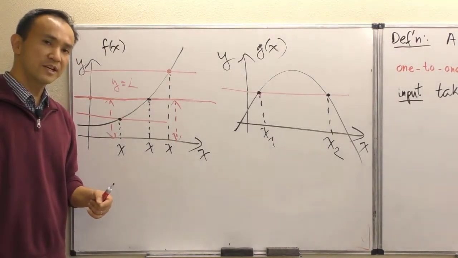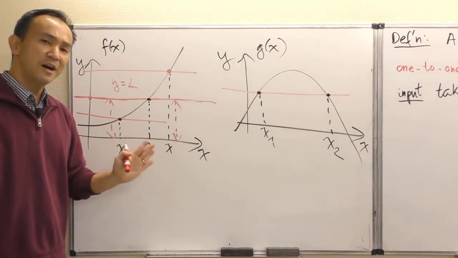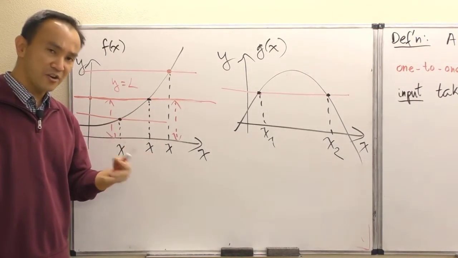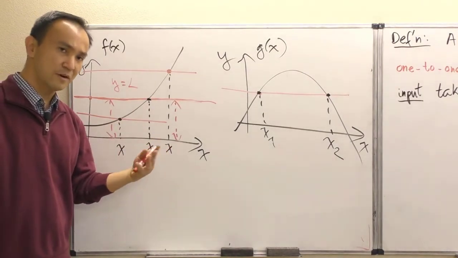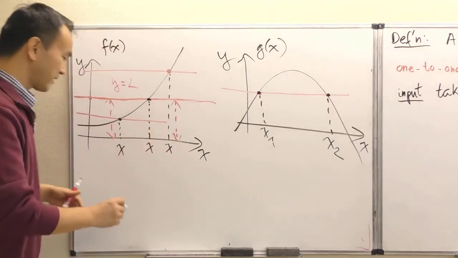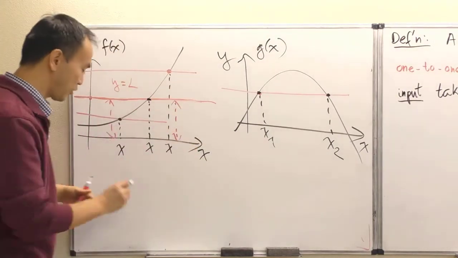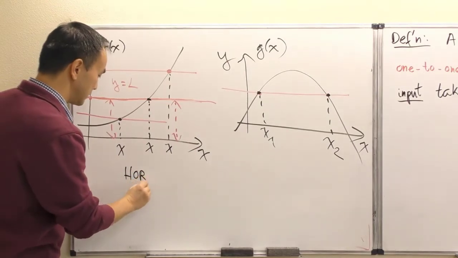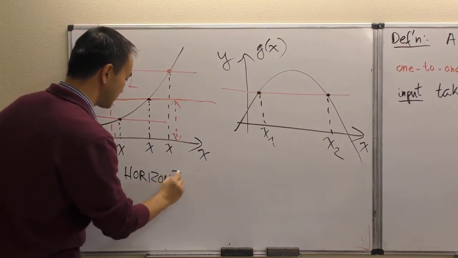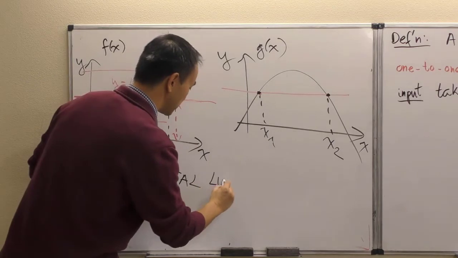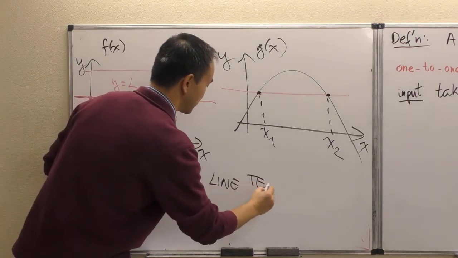So, ladies and gentlemen, anytime your function is given as a graph, as a graphical representation like this right here, I introduce for you this technique that's called the horizontal line test.